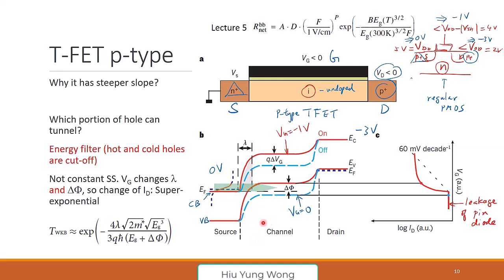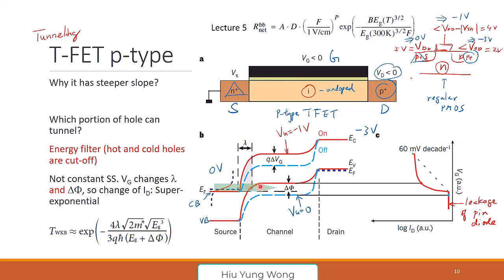Can someone tell me what tunneling is going on? And that is the physics of tunnel FET. Remember, this is called tunnel FET. It is the tunneling that is giving the physics. Anyone? From the Fermi level on the left side at the source to the Fermi level to the valence level.